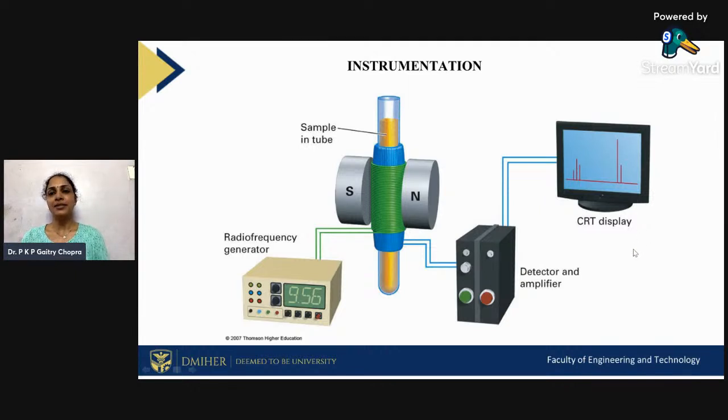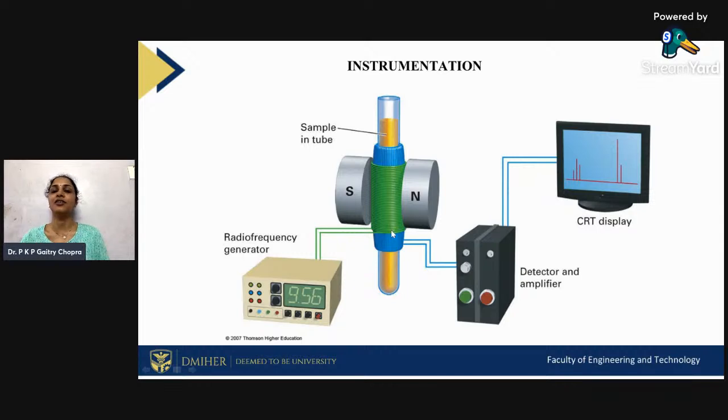Now, what happens is your sample, whose NMR spectra is to be taken, is placed in a glass sample holder, which is placed in an external magnetic field, and the radio frequency generator generates the radio frequency waves, and they are passed to this particular sample by the coiling of the wires.